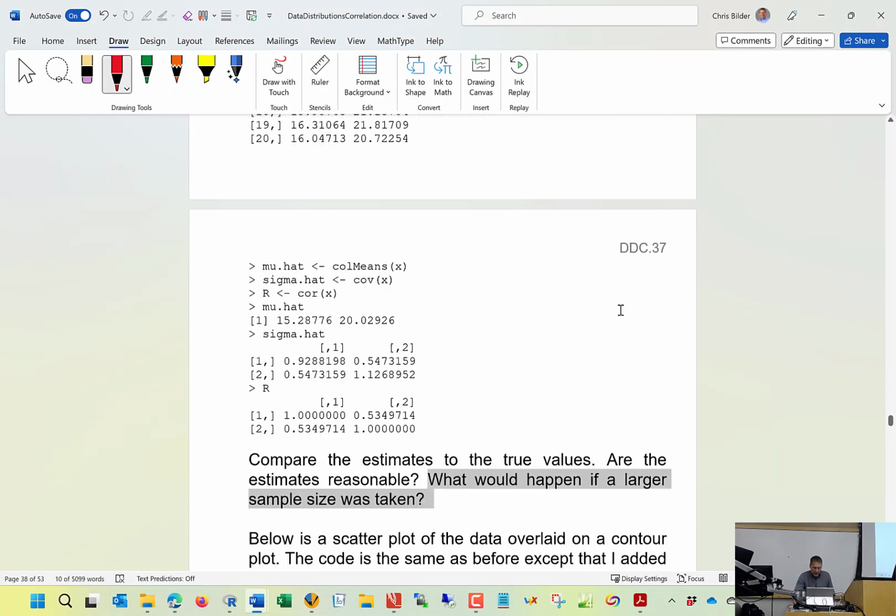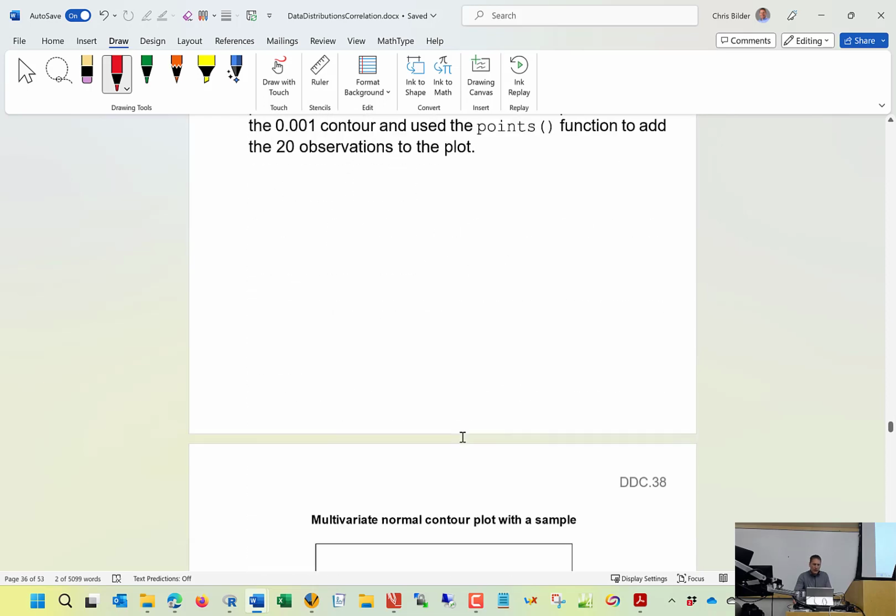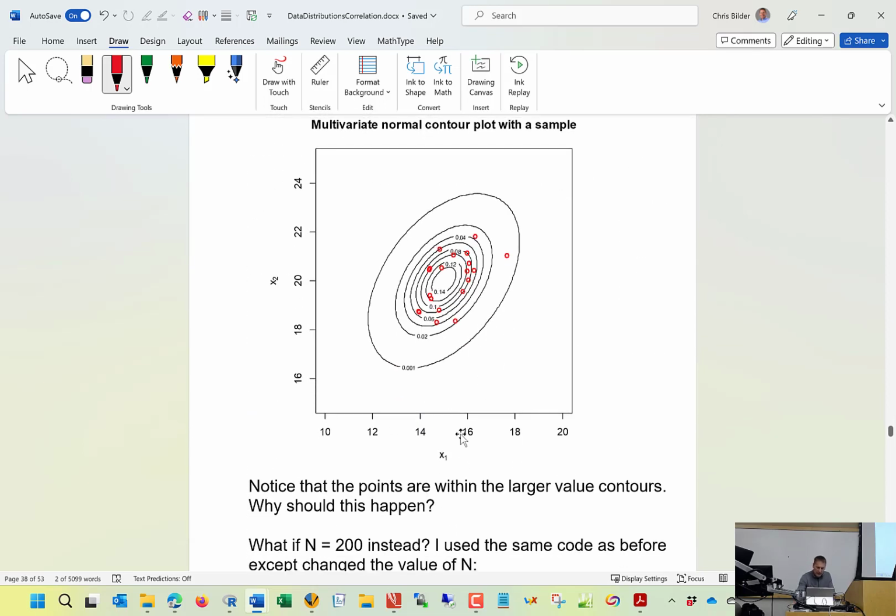And so, for example, if I come back up here, let's find the first observation, which was 16 and 20.4. So here's 16, here's about 20, and so that first observation might be right there.